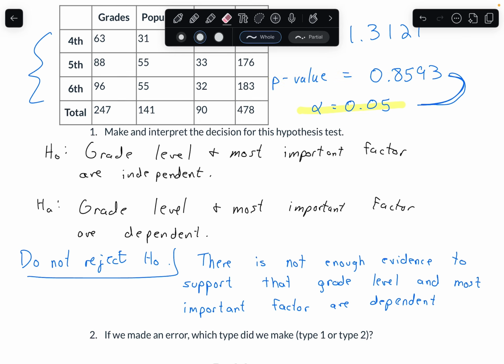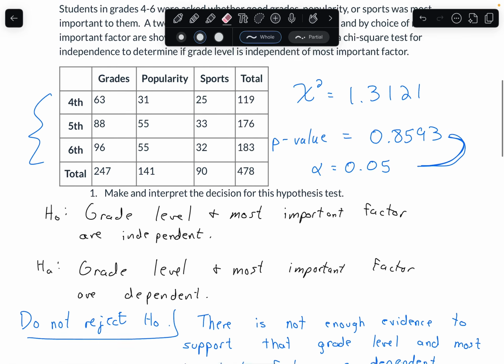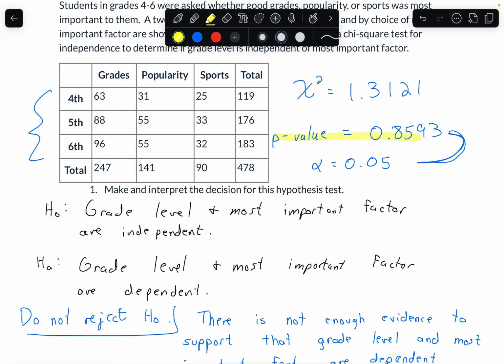Remember what our p-value tells us. If I go back here and think about that p-value, this represents the probability that we get a sample as extreme as ours, which really means a sample quote-unquote like ours, if the null hypothesis is true. So assuming this null hypothesis is true, the probability that we get a sample like ours is roughly 85.93%, which is awfully high.